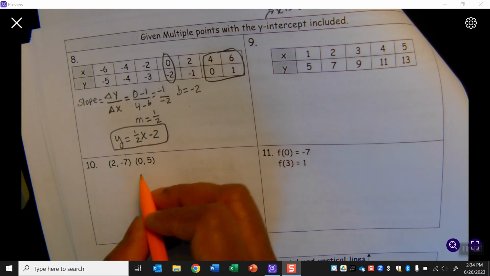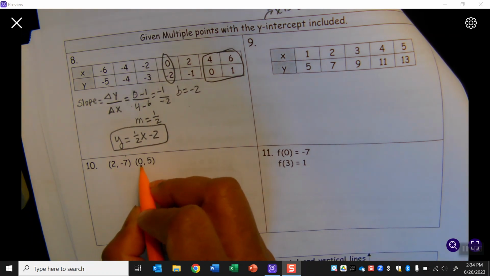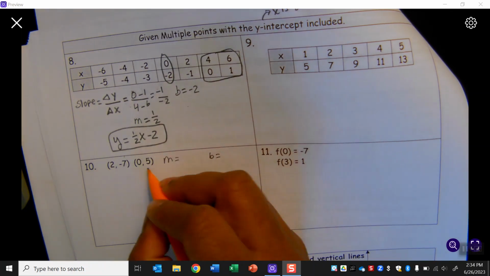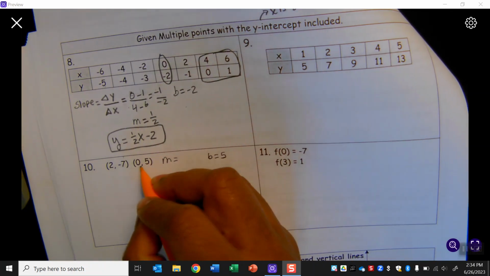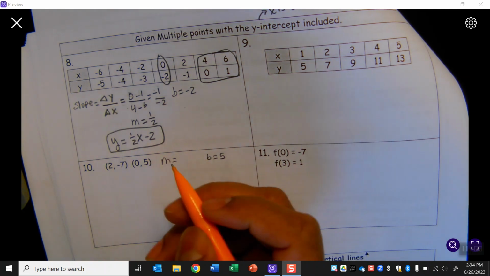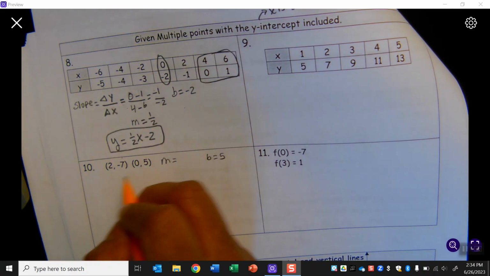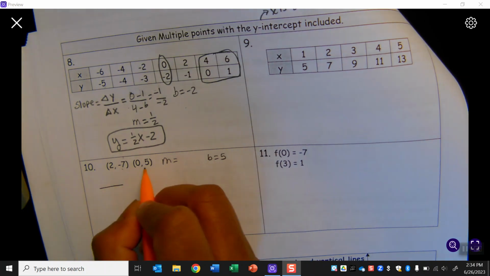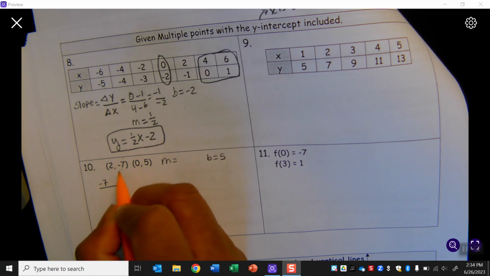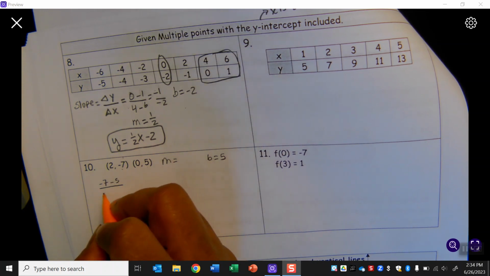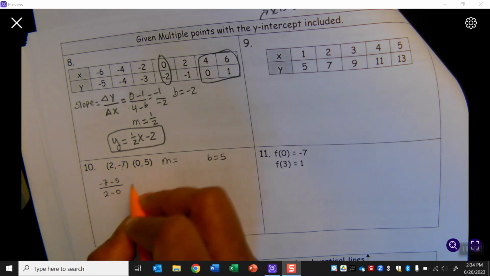Okay, look here. This one, here's your y-intercept. So I don't know what slope is yet, but I do know that my y-intercept is at 5 because that's where your x is equal to 0. And then to find the slope, I'm going to do the same thing. I'm going to take my y values, separate them. So negative 7 minus 5 over 2 minus 0.